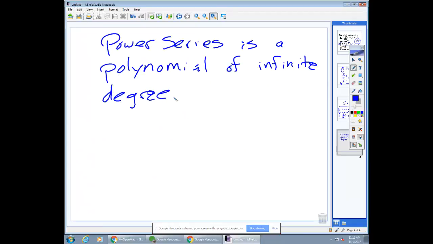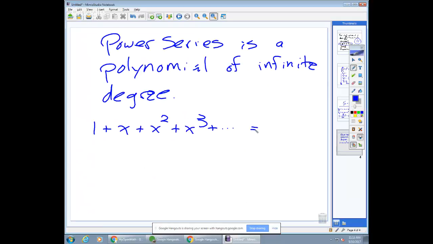Which is kind of crazy because infinity is a problem. Sometimes, however, that infinitely long polynomial converges to something. That's a 3, believe it or not.